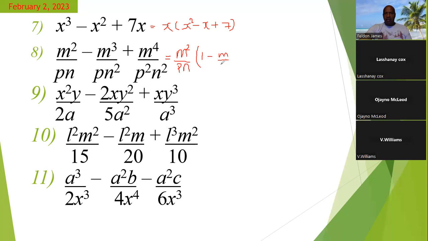And now you can continue. So the next would be m squared over pn. All right, so m squared over pn. Correct. Thank you, Miss Williams.